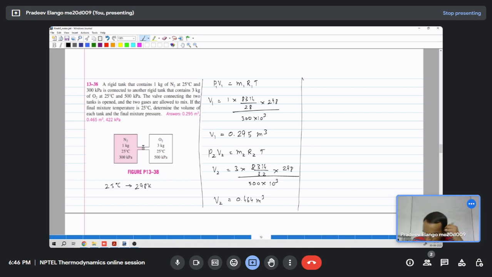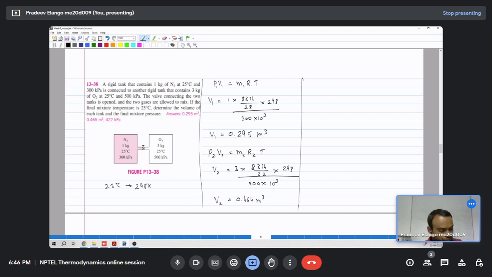After mixing, the final temperature is given. Final temperature of the mixture is given as 25 degrees Celsius.